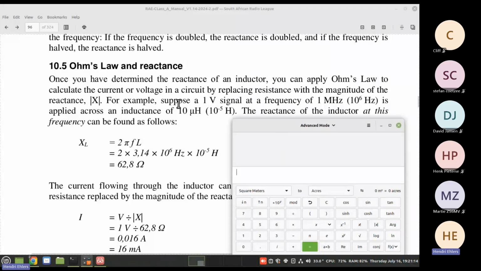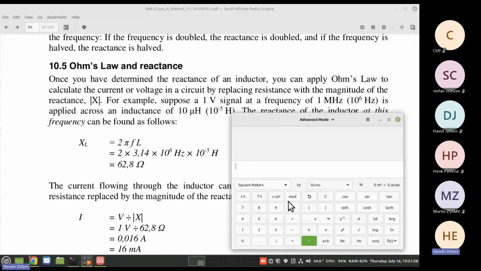Right, for example, suppose we have a 1 volt signal at a frequency of 1 megahertz, and it's applied over an inductance of 10 microhenries. Now we must calculate the reactance at that frequency.